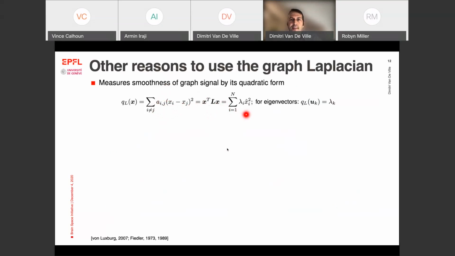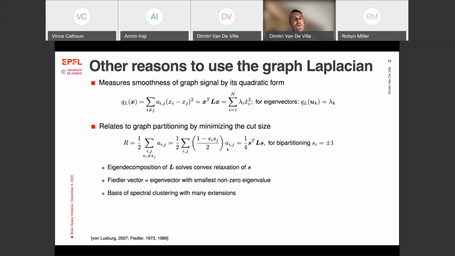And you can see that this can also be obtained in the spectral domain by simply weighting the energy of the spectral coefficients with the eigenvalue of the Laplacian, the corresponding Laplacian eigenvector. And of course, as a consequence of that, the smoothness of our basis vectors will be exactly equivalent to the eigenvalues.